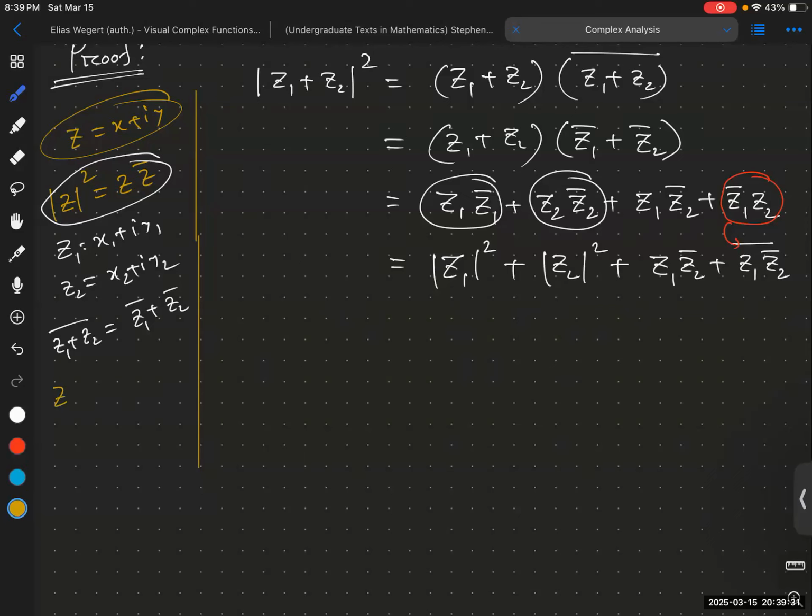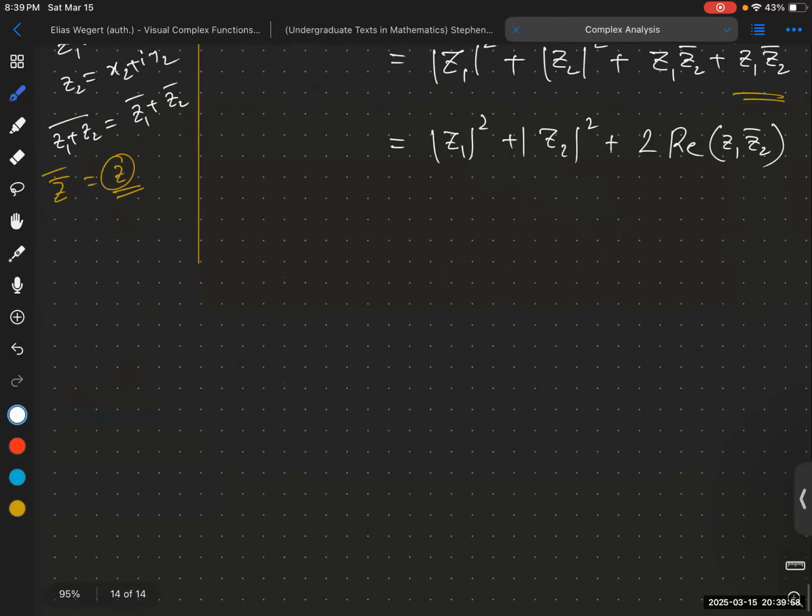Also, we have the property that a double bar on Z is basically the complex number Z. We are just using these properties here. So from here, modulus of Z1 squared plus modulus of Z2 squared plus 2 times the real part of Z1 Z2 bar.